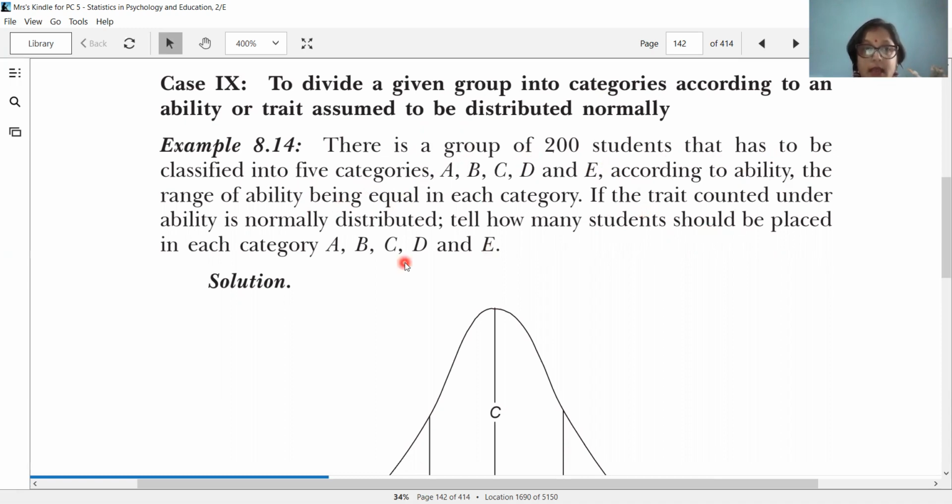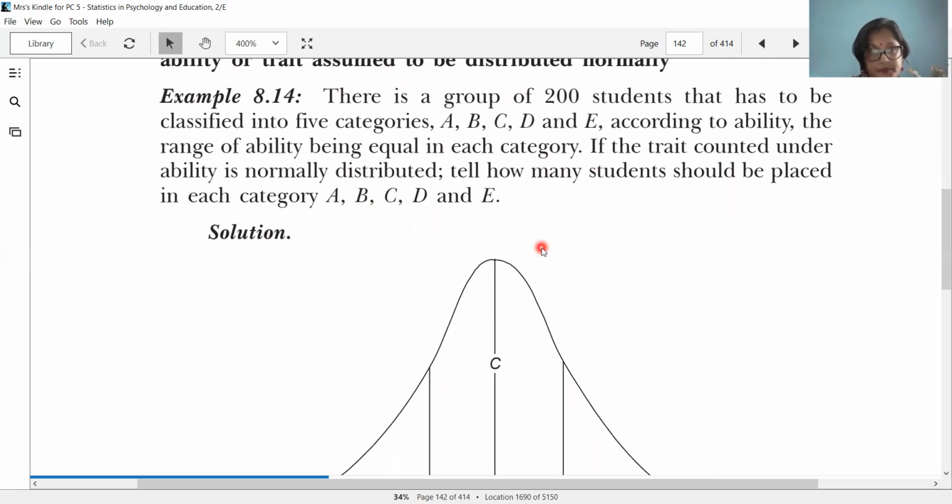If the trait counted under ability is normally distributed, tell how many students should be placed in each category A, B, C, D, and E. We need to find out the percentage of students or the number of students lying in category A, B, C, D, and E. Okay, so that is the problem.